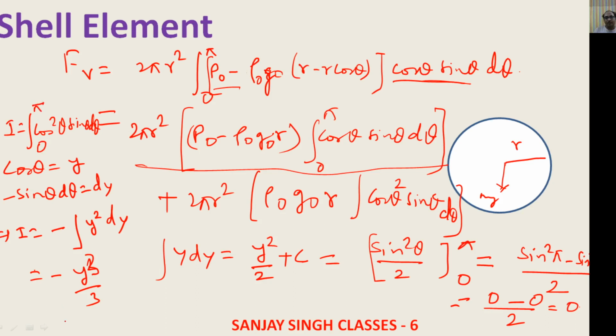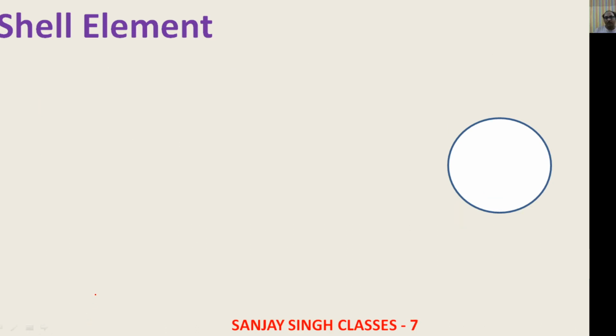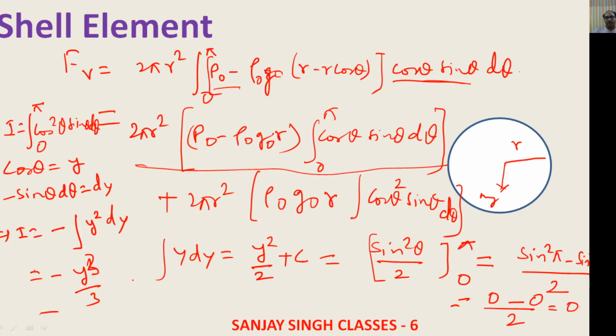Further, y cube is cos cube theta, so we have minus cos cube theta by 3. In the next slide we will solve.